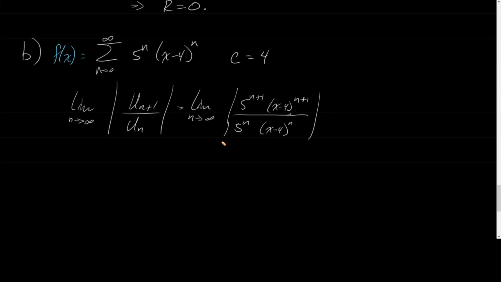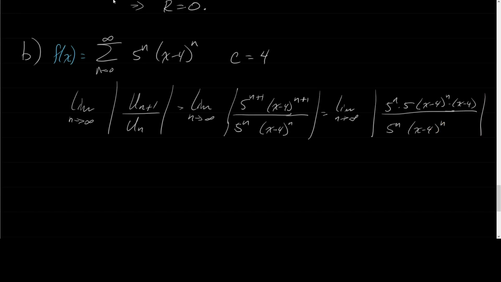At that point, let's rewrite this so we can see what cancels out. So we have the limit as n goes to infinity of the absolute value of 5 to the n times 5 times (x minus 4) to the n times (x minus 4). On the bottom, I just have 5 to the n and (x minus 4) to the n. From there, we see very clearly that the 5 to the n's cancel out, and (x minus 4) to the n cancels out.